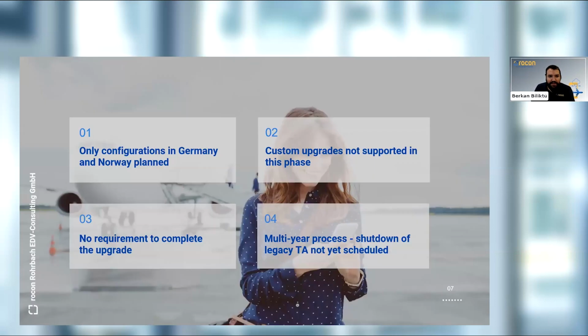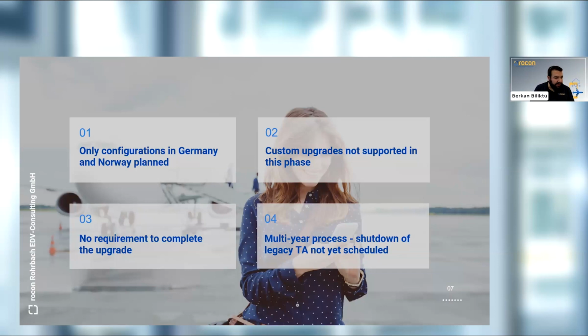From the summary, we can only upgrade the configuration in Germany and Norway currently. Custom upgrades are not supported in this phase. You are not required to complete the upgrade, so you don't have to upgrade to the travel allowance service.